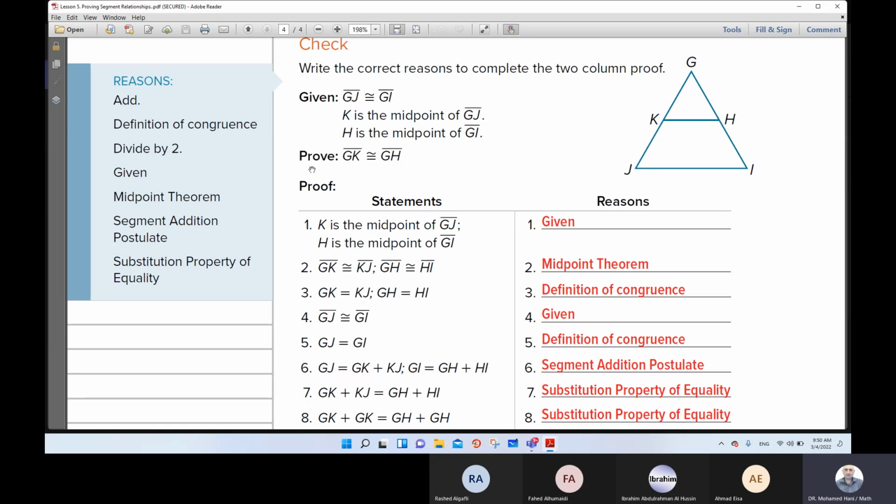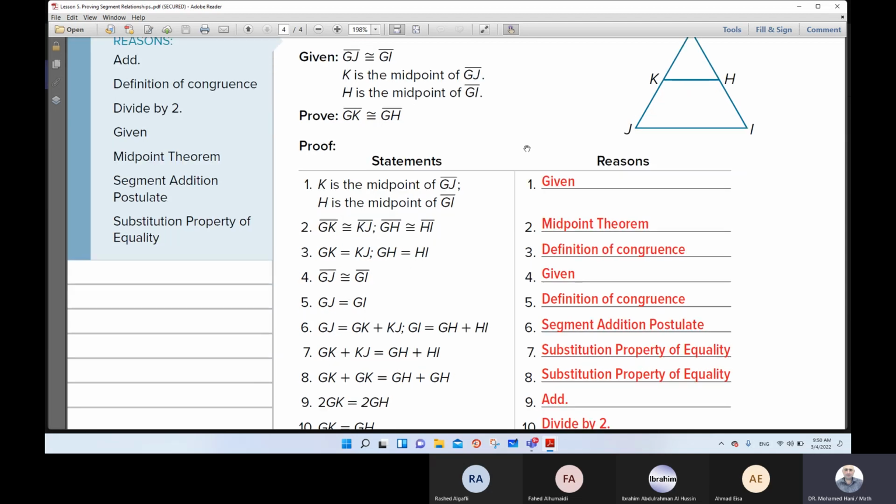Proof: segment GK congruent with segment GH. How to write the proof? Start from the given. K is the midpoint of segment GJ, and H is the midpoint of segment GL.